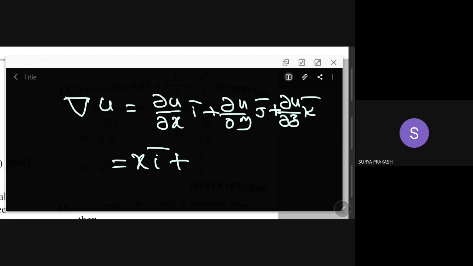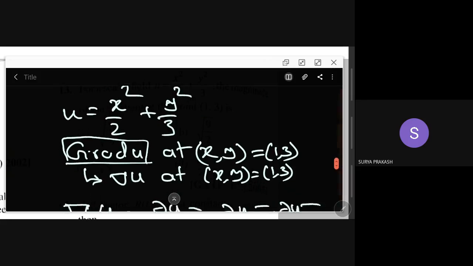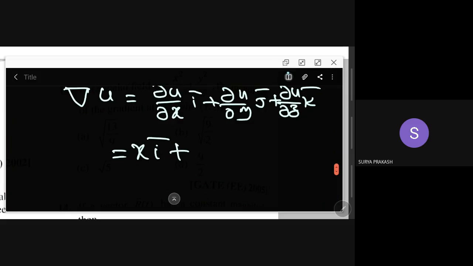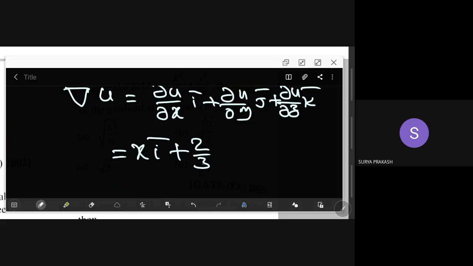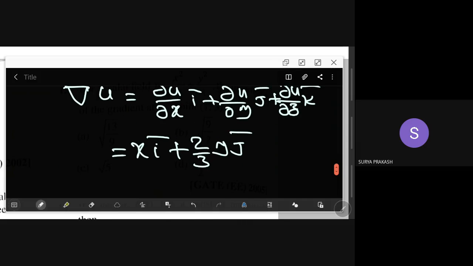What is dou u dou y? It is 2y by 3, so we have 2 by 3 y j bar. What is dou u dou z? z is not there here, so it is 0 k bar. So what we are getting is x i bar plus 2 by 3 y j bar.